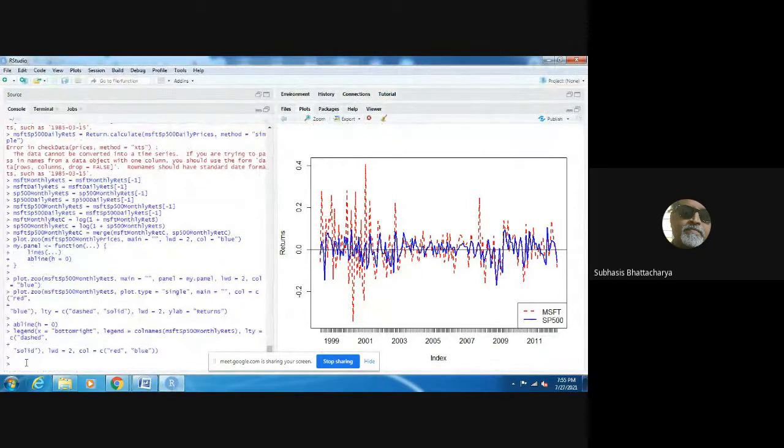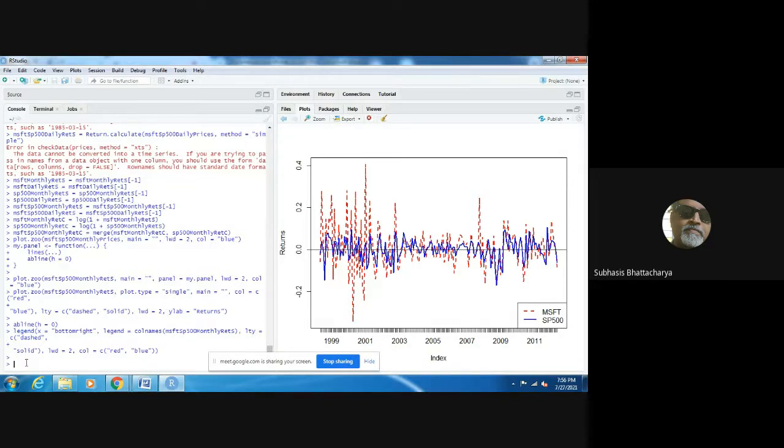So red is Microsoft, and blue is SP500. So the higher volatility of Microsoft returns, especially before 2003, is clearly visible. However, after 2008, the volatility of the two series looks quite similar. So in general, the lower volatility of the SP500 index represents the risk reduction due to holding a large diversified portfolio.